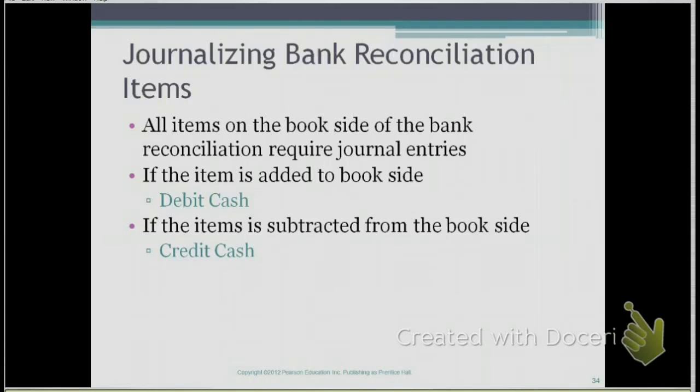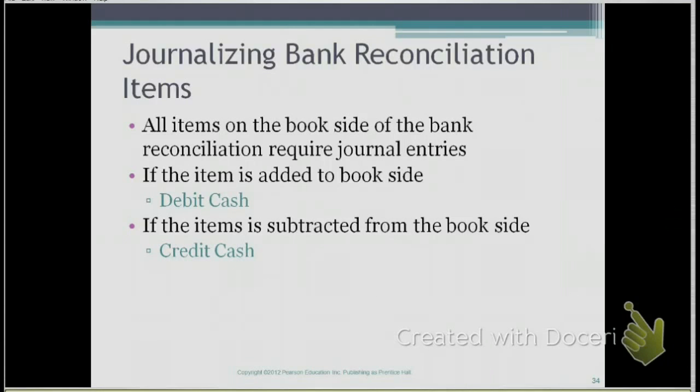Therefore, every single item that we listed on the book side of the bank reconciliation requires a journal entry. The reason we need to do that is because all the items on the book side were found on the bank statements. They had never been entered in our journal and posted to the ledger, so we need to prepare journal entries for those items and post them to the ledger.